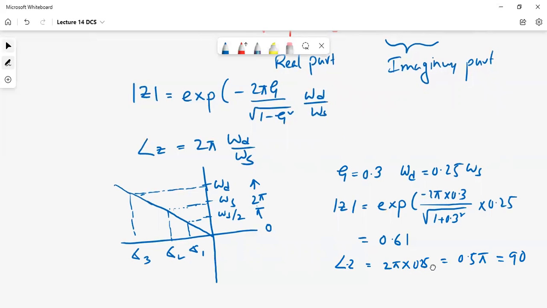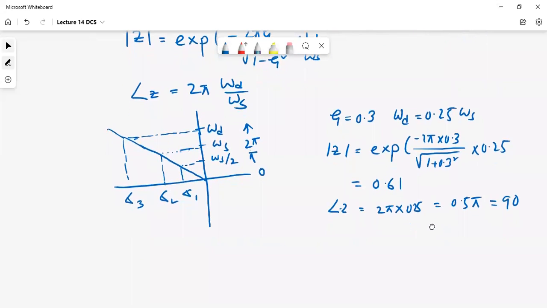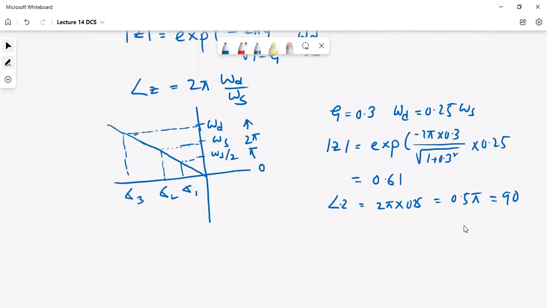So what we can find is that at this particular value, 0.25 of omega s, this is the relation we find. Okay, so if we plot these corresponding points on the z plane, then what are you going to get? First one is here, so angle is 0, magnitude is 1 because e to the power 0 is 1.